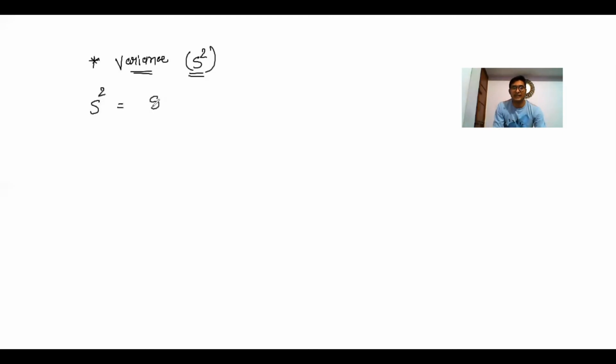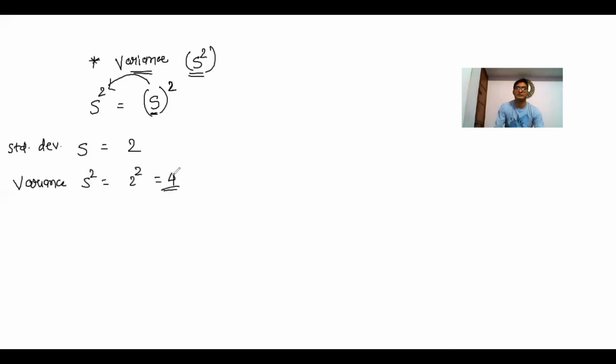First of all you find S, then the square of standard deviation becomes the variance. Let's say the standard deviation answer is 2. Now variance, that is S square, becomes the square of 2, that is 4. Simple. This is the first point.